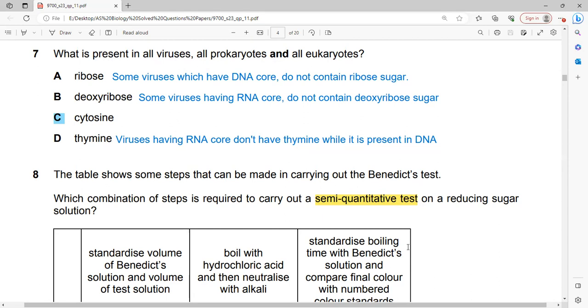The virus having RNA does not have the thymine nitrogen base because in RNA, thymine is replaced by uracil. So that's why cytosine is the nitrogen base which is present in RNA and DNA both. So that's why all viruses, prokaryotes, and eukaryotes contain cytosine.